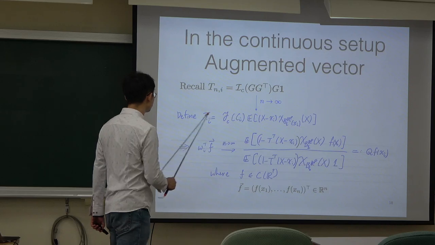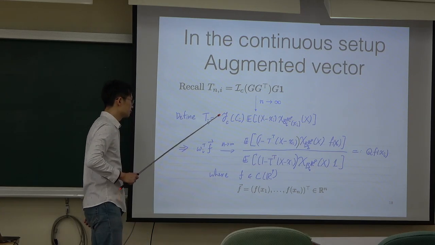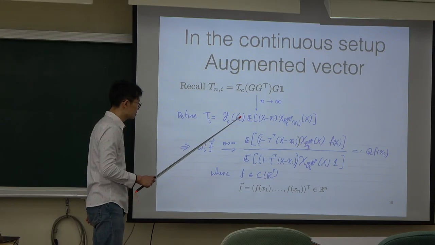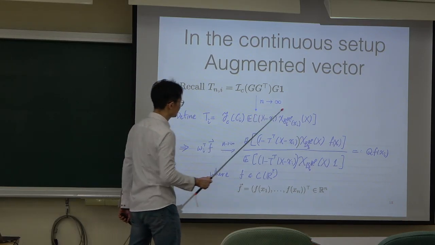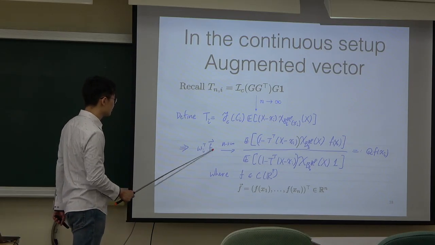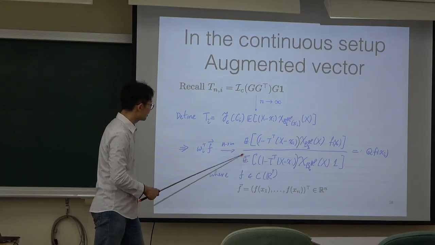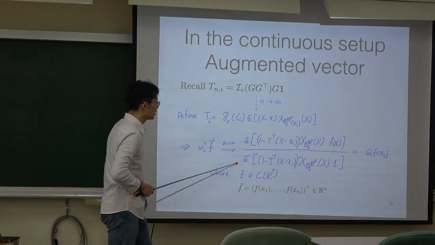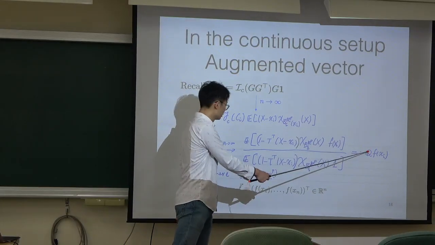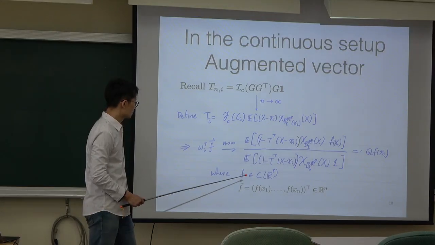When n goes to infinity, we have T_i, which looks like the pseudo inverse of the covariance matrix times this vector, so that W_i transpose f hat will converge to this guy. And you will see that this is actually a kernel defined on the manifold for some function.